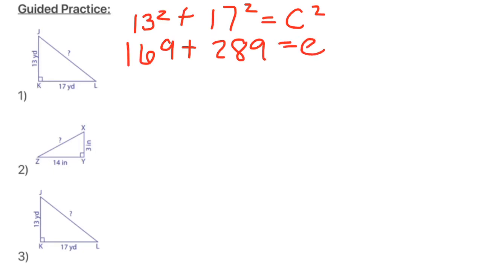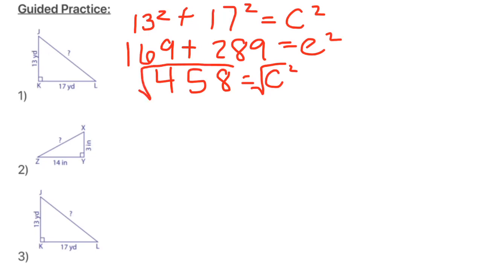So we're going to add those two together to get 458 equals c squared. And then you don't want c squared, you want c, so you're going to have to find the square root of c squared. And to keep it balanced, you have to do the same to both sides. So we're going to find the square root of 458.